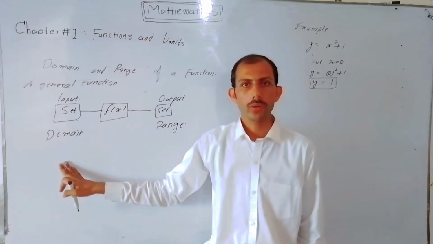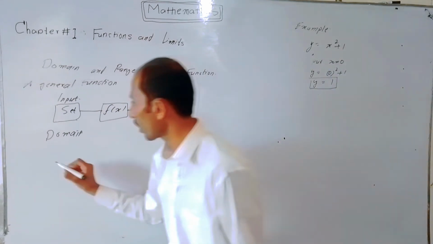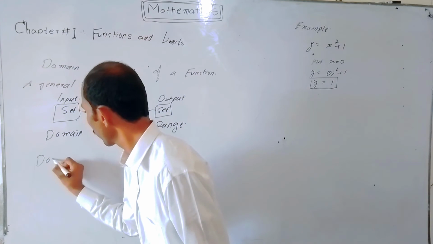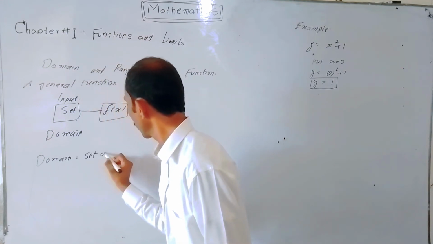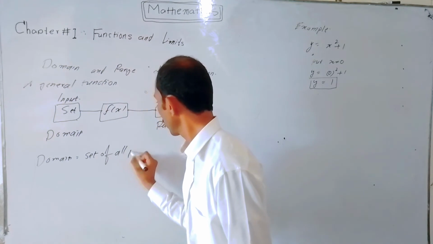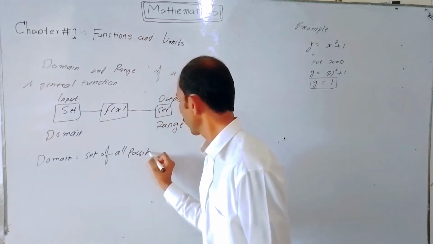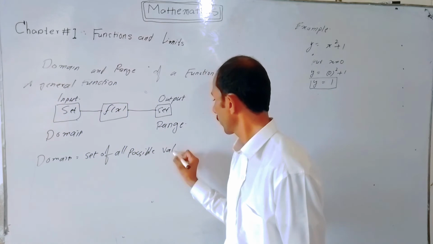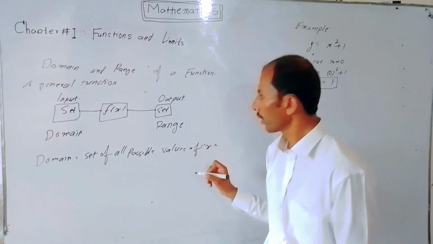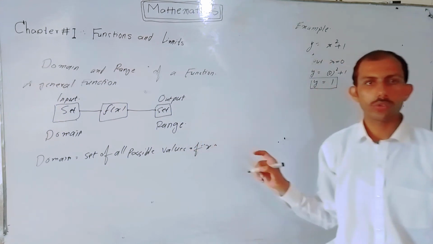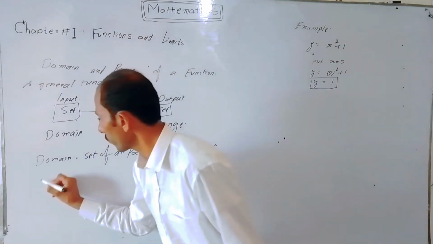Domain is equal to the set of all possible values of x, and range is equal to the set of all possible values of y.